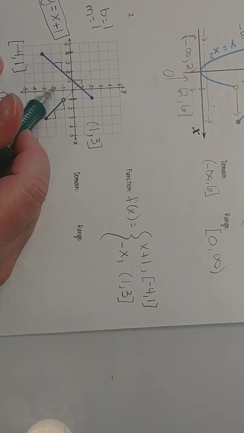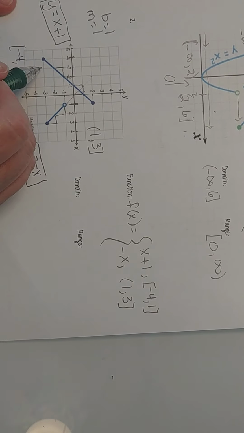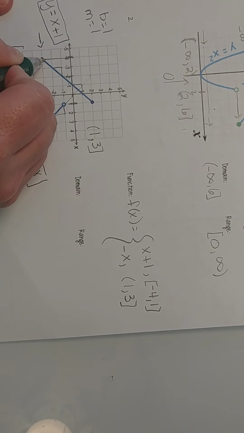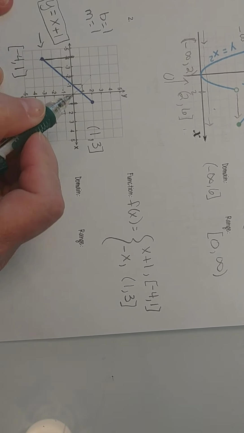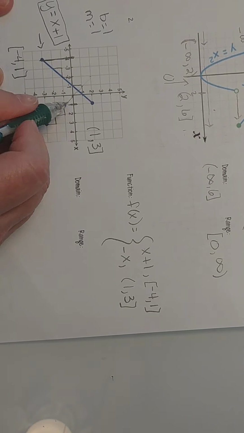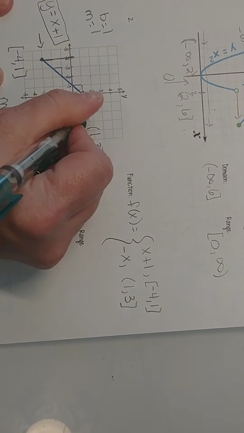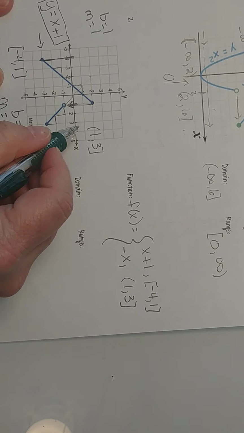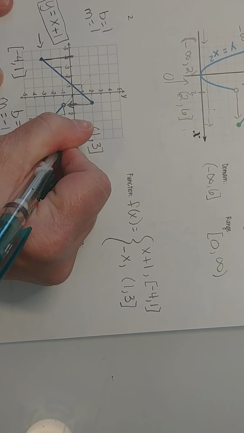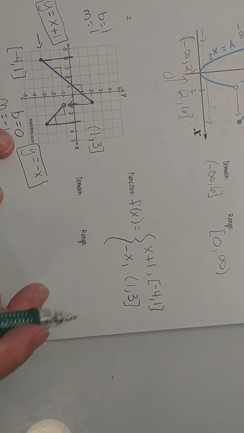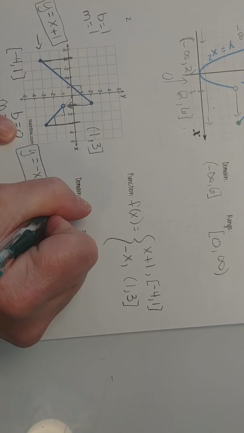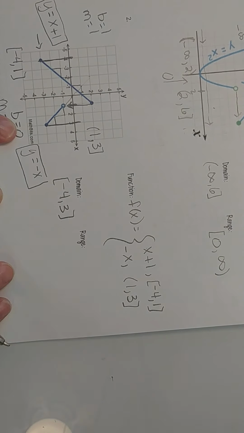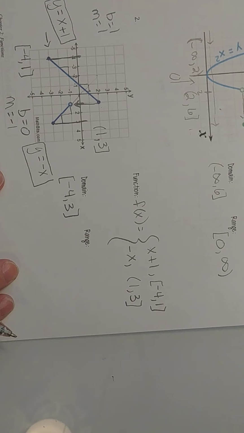Okay, our domain, as we go from left to right, we go across, we start at negative 4, and making sure everything's covered here, it's going to end at 3. So we're going to go from negative 4 to 3, and both sides are included.